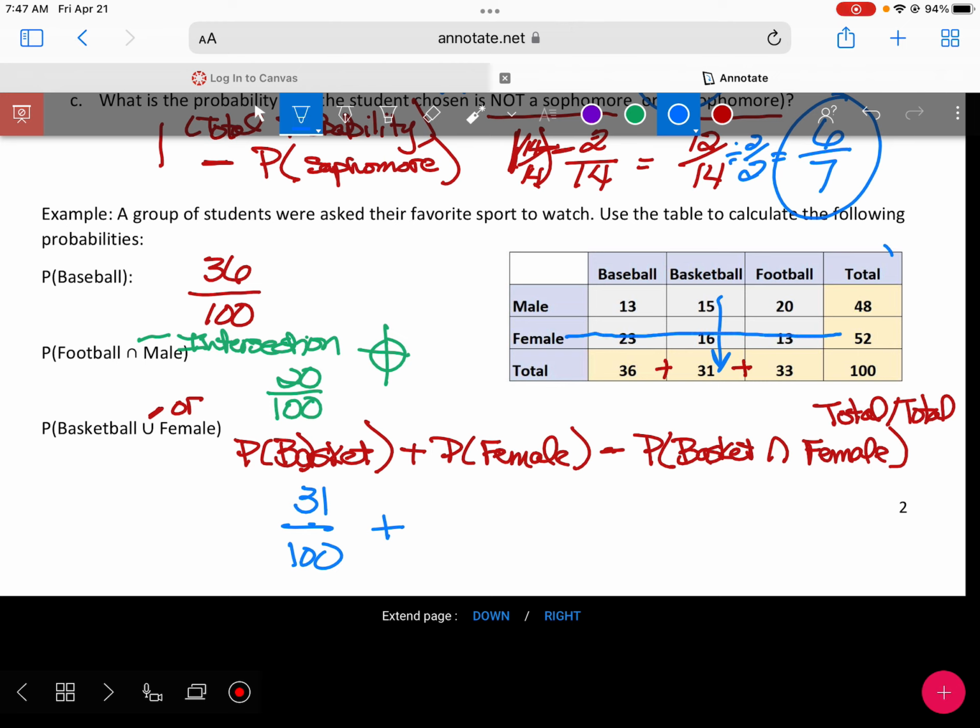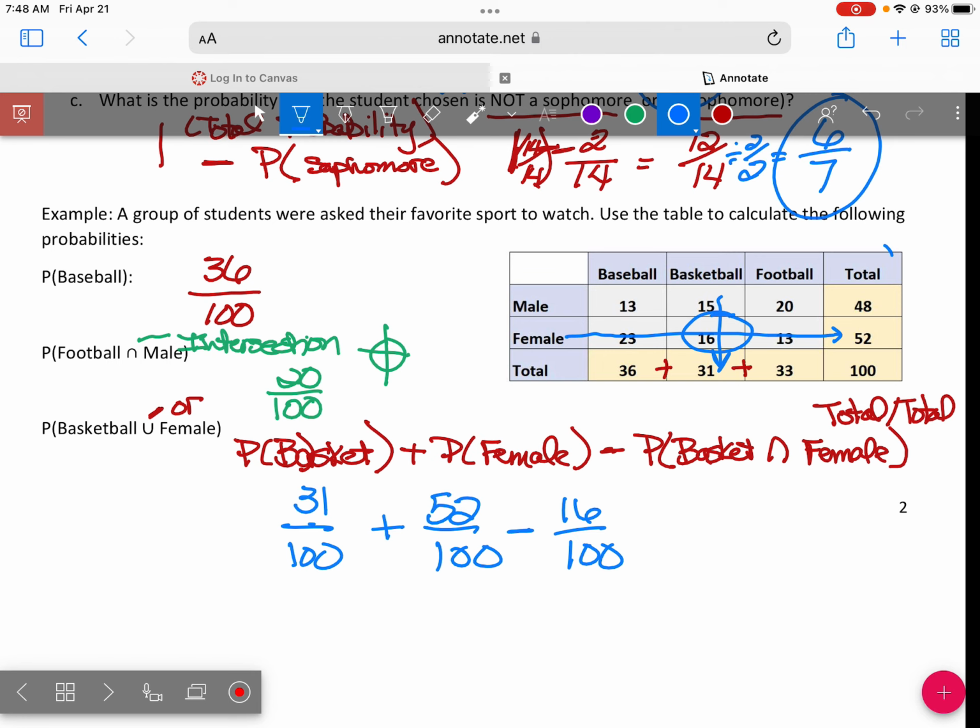Here's my female. So that's going to be 52 over 100 minus the intersection. Well, take a look. Once you have drawn those lines, where did they intersect? Here at 16. So I need to subtract 16 out of 100.